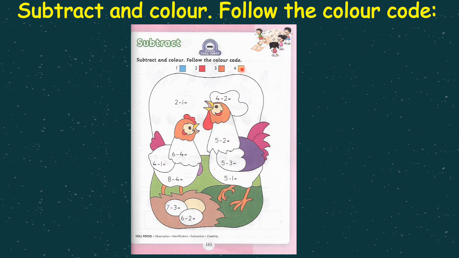And if you get the answer as 4, you shall be coloring that part in yellow. Okay, so this is how you will subtract and color. But do not forget to follow the color code, children. Only if you follow the color code will this picture be a beautiful and colorful one. Okay?